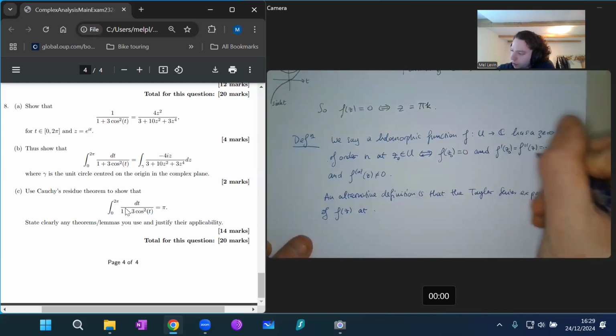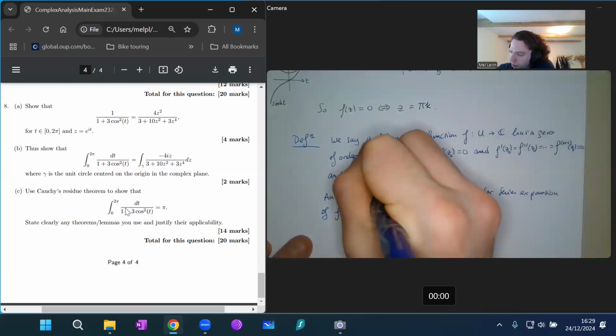F of z naught is 0 and the derivatives are 0, but the nth derivative is not 0.